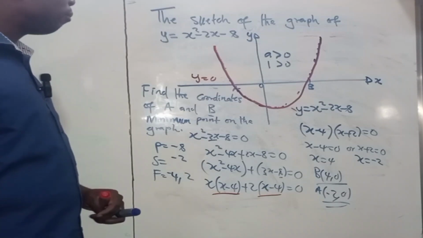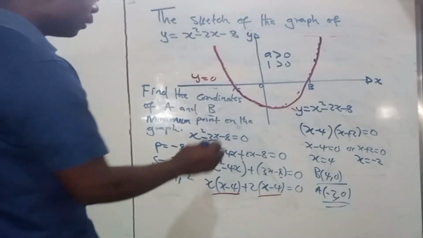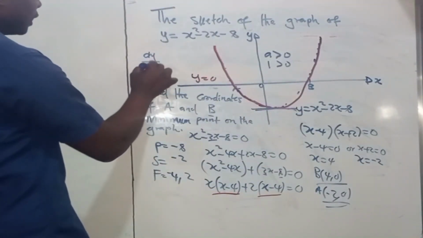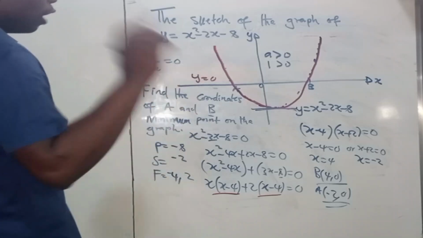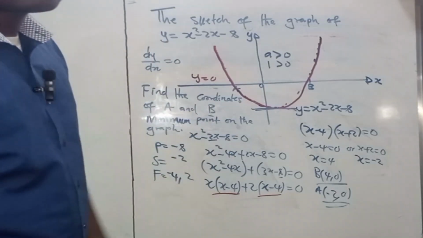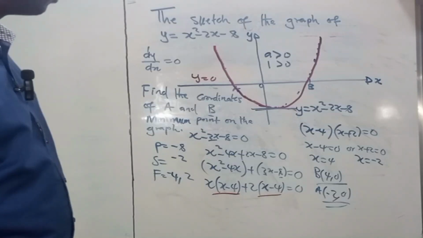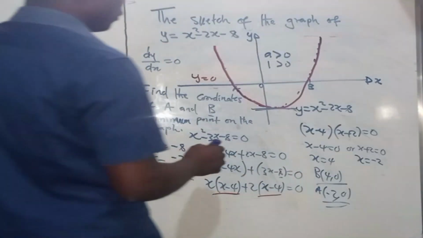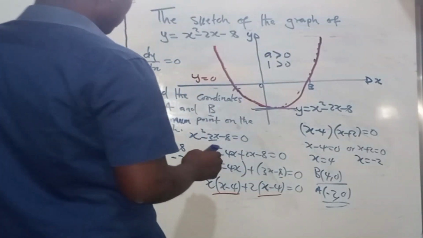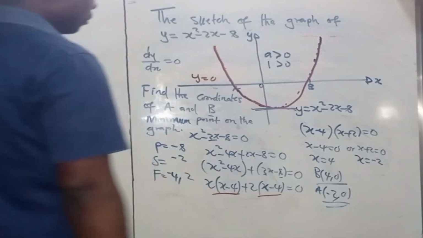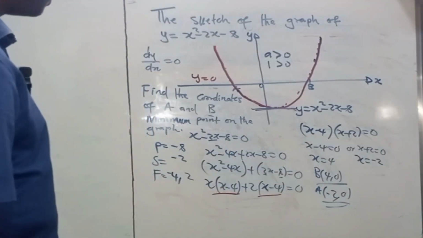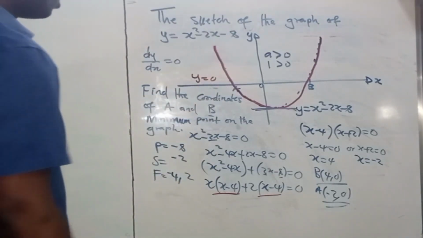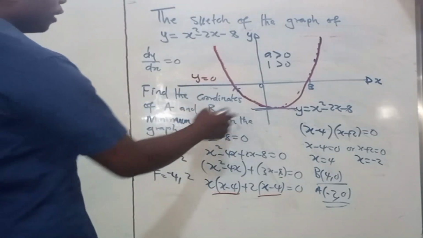Now, for finding the minimum point, remember that at this point the gradient is 0. So when we differentiate, our dy/dx at this point is equal to 0. We differentiate and find the value of x.